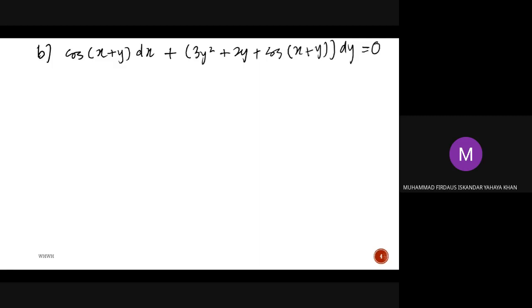What is the first step, class? What do we identify first? Not delta M, delta Y, that is advanced. What first do we need to find out? What are M and N first. Yes, M and N.